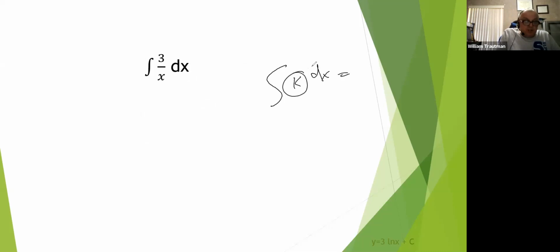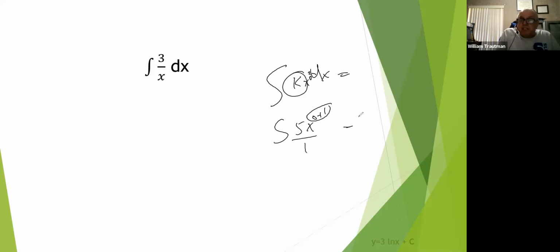Instead of c, they use k in this paper. It's a constant, and we don't know what the constant is, but it's a constant times x to the 0 power. And in order to integrate this, you have to add 1. So any constant, let's say if you're integrating 5, you're adding 1 to the 0, and 0 plus 1 is 1, and then you're putting 1 on the bottom.